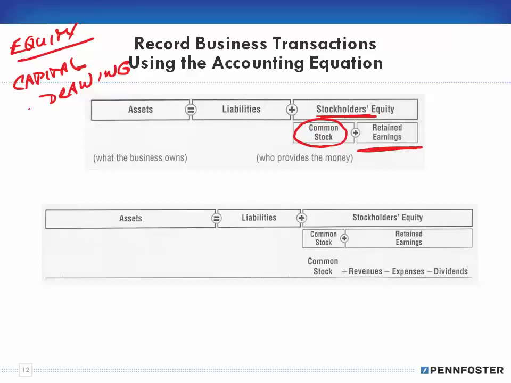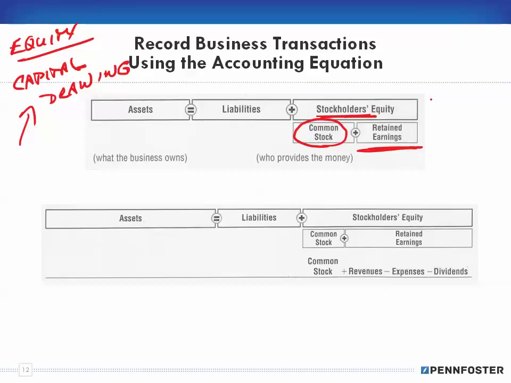Any profit or loss in a sole proprietorship goes directly into the capital account. Why? Because I'm the owner of the business, and any profit or loss in the business comes to me. But when you're incorporated, the profit or loss doesn't immediately go to the stockholders.